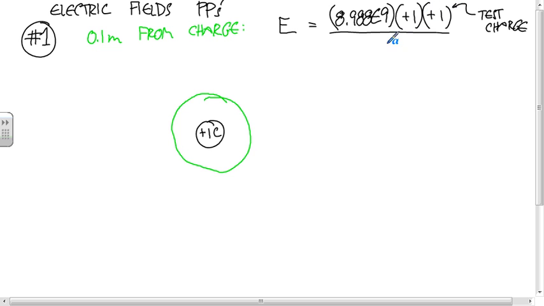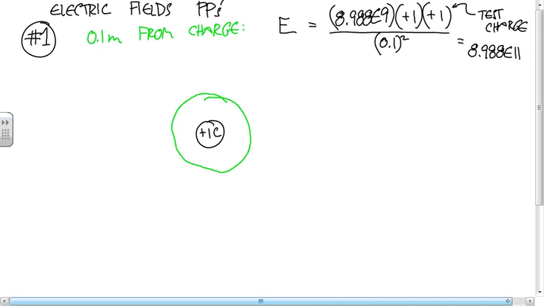The distance that we chose was 0.1, so this is going to be 0.1 squared. So you get 8.988 times 10 to the 9th divided by 0.01, which is the same thing as times 100. So you end up with 8.988 times 10 to the 11th.